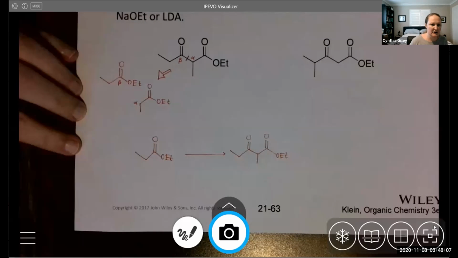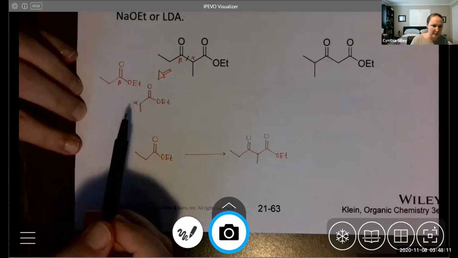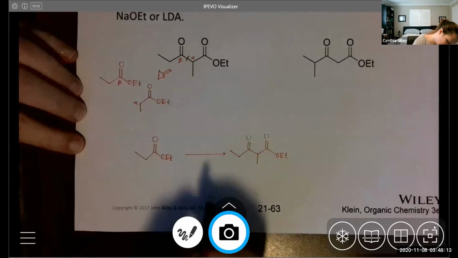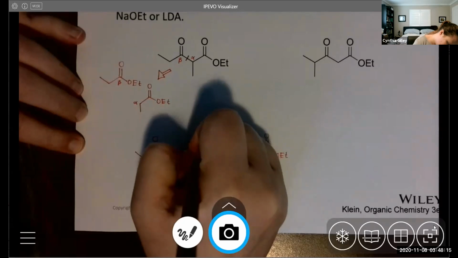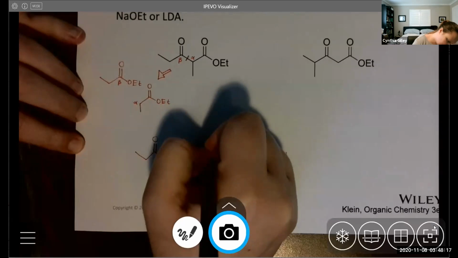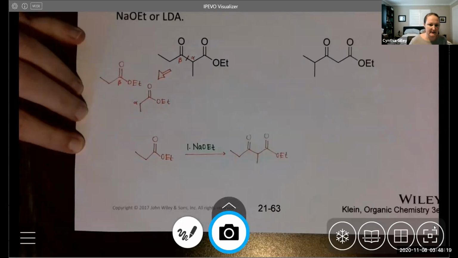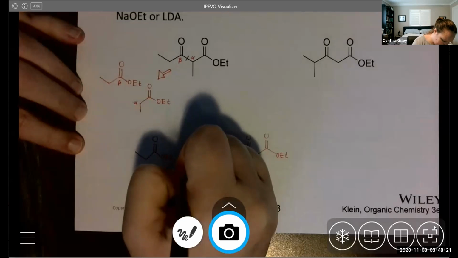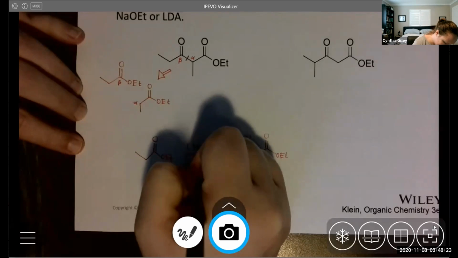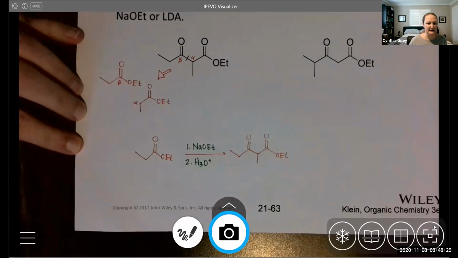And the reagents are, for a typical Claisen condensation, we would just use the matched alkoxide. So step one, sodium ethoxide. And then step two, we don't want to forget about the acidic workup. That's always necessary.